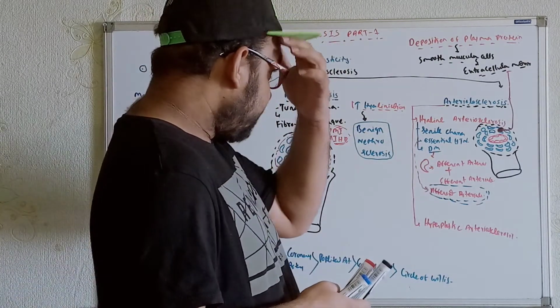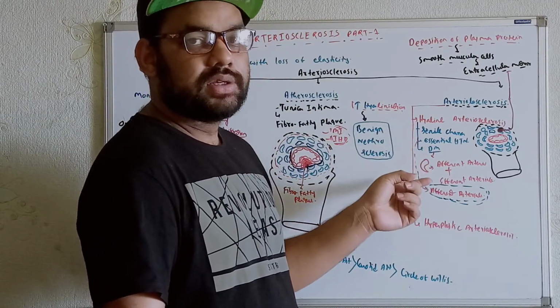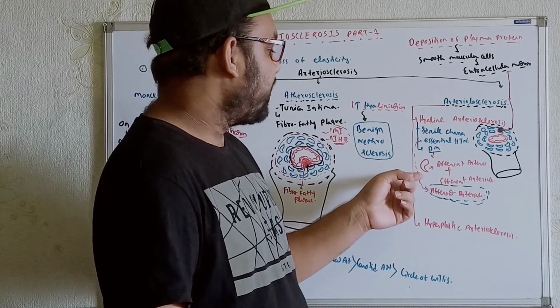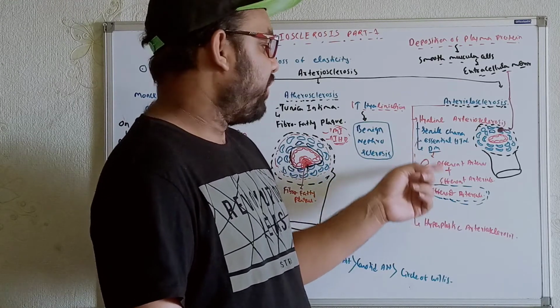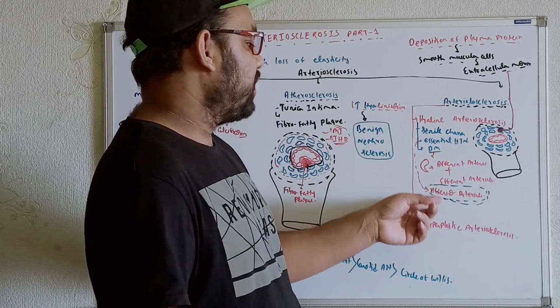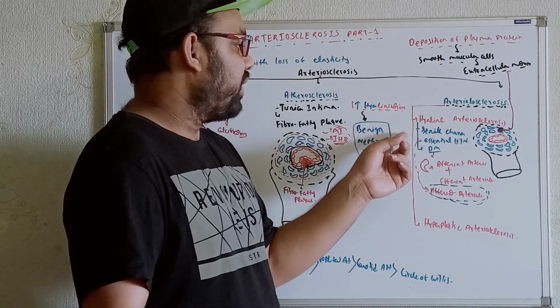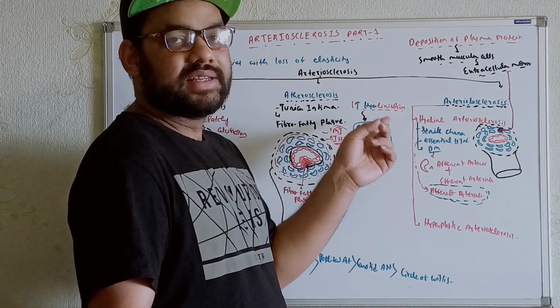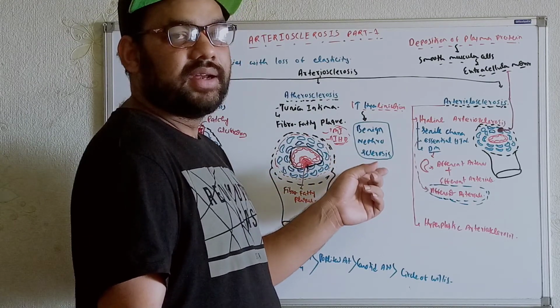So, in terms of arteriolosclerosis, if we talk in terms of diabetes mellitus patients, we will get the afferent arteriolosclerosis as well as the efferent arteriolosclerosis within the kidney. And if we get a greater amount of hyalinization over here, from the formation of more extracellular matrix, that can lead to benign nephrosclerosis.